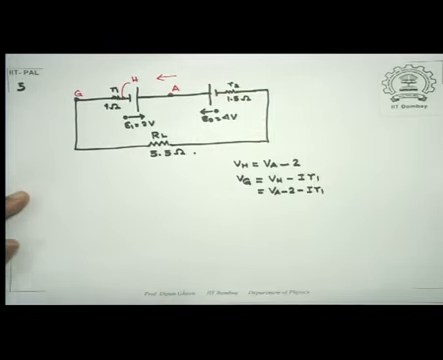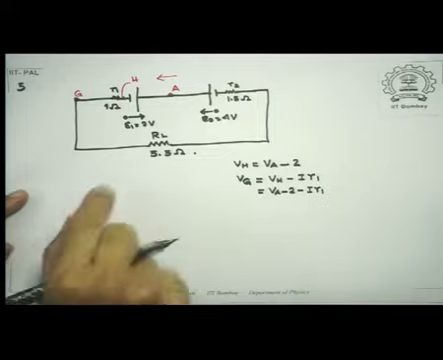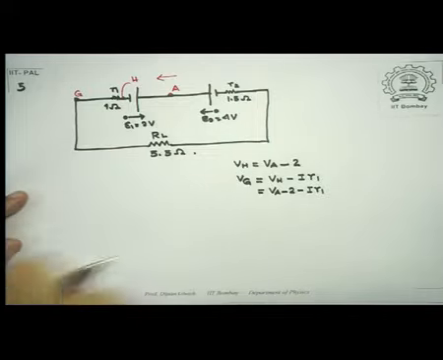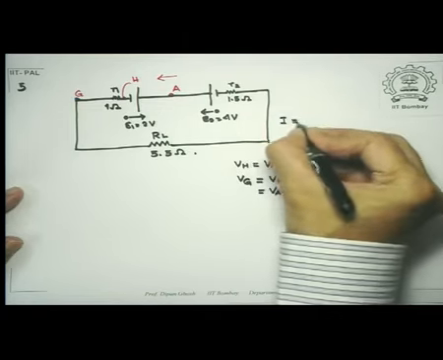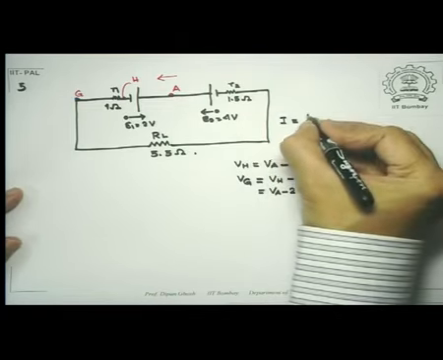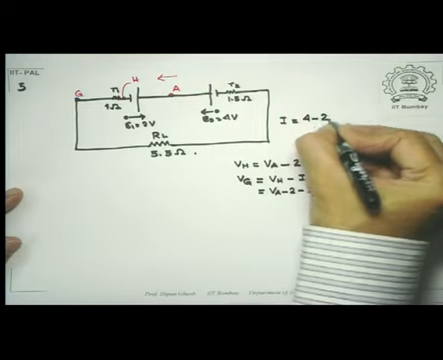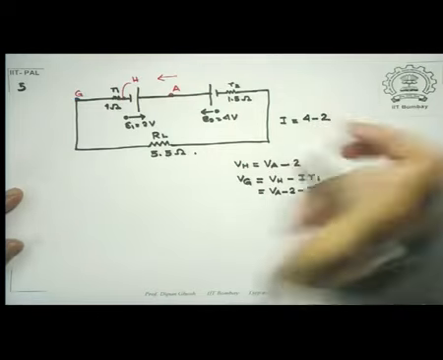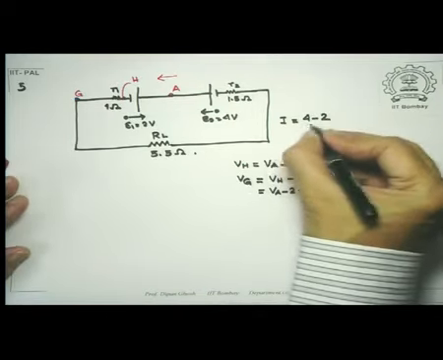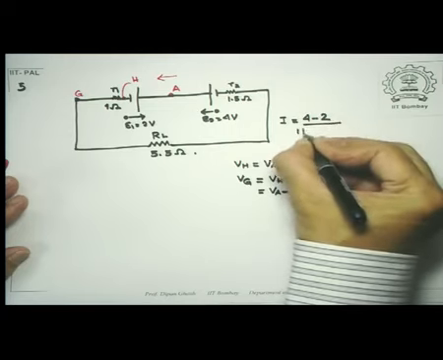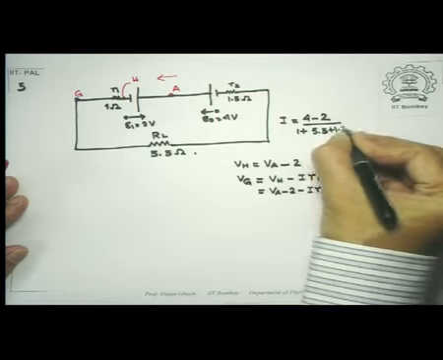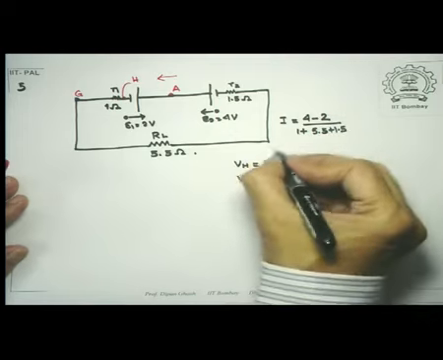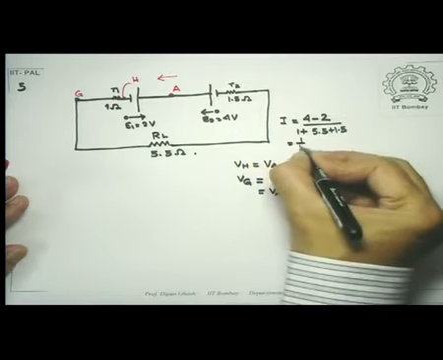So therefore, my current I would be given by: I had increased by 4, this was decreased by 2, so this would be equal to 2 divided by 1 plus 5.5 plus 1.5, which is simply equal to 1 by 4 amperes.